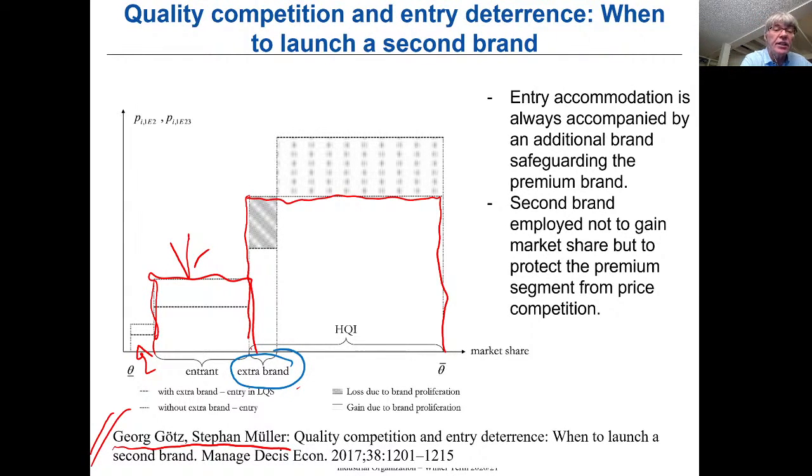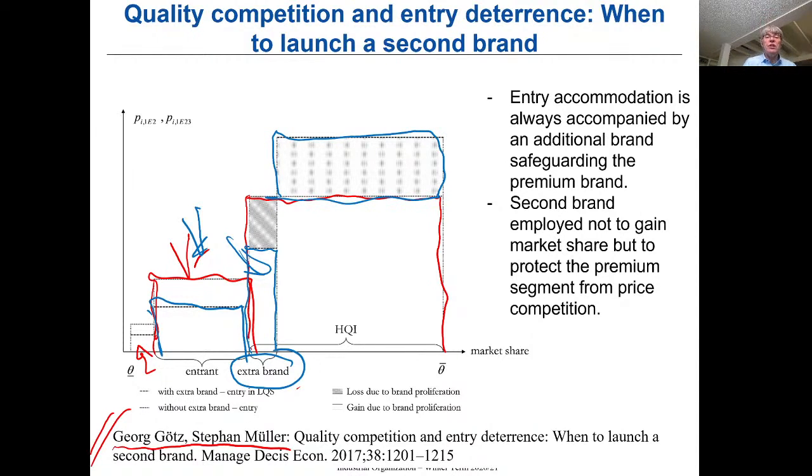If you introduce that, you get a more competitive situation between the entrant and your brand, so that the price will actually go down, and therefore the revenue from this guy here will be only this. The revenue of the entrant will also be lower. However, what this allows you is to increase the price of your premium product.